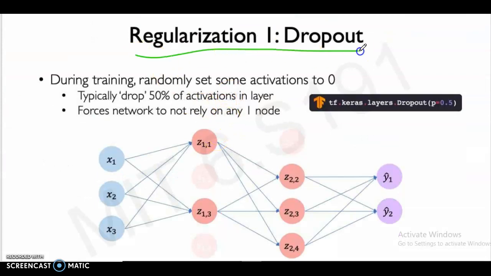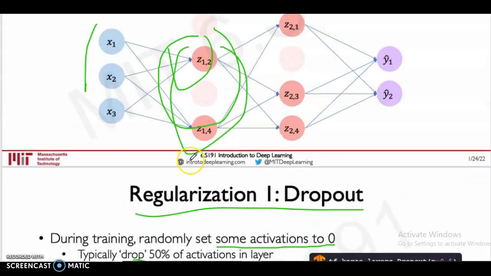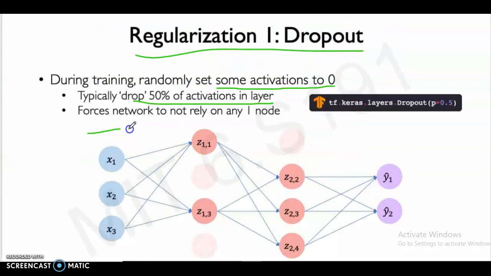Regularization: dropout. During training, randomly set some activations to 0. Typically drop 50% of the activations in the layer. It forces the network to not rely on any one node.